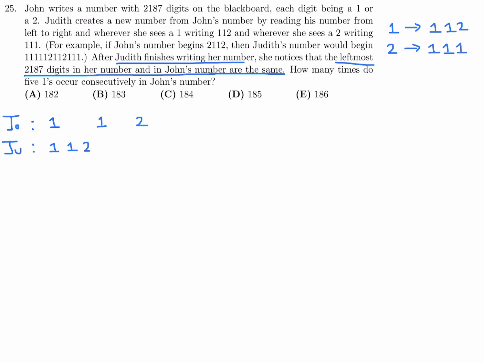I'm just going to do a few of these. So here we go. The first one is a 1, and we go on from there. Remember, this is John, and these numbers are Judith. So the top row is John, and below that are Judith's numbers.